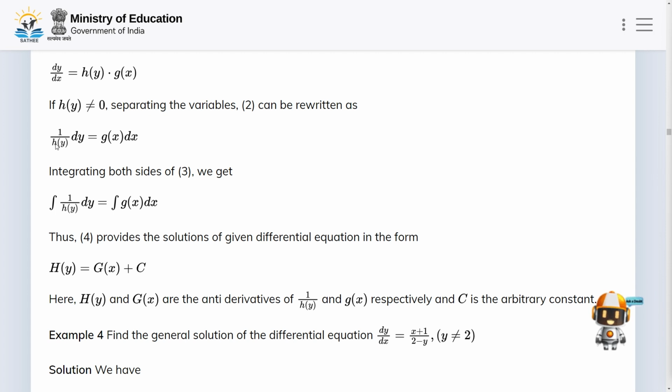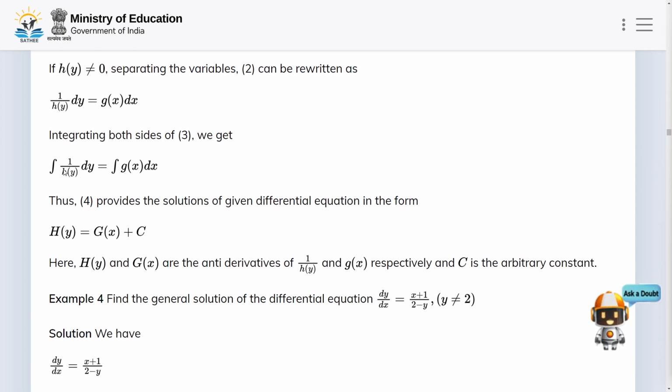And now integrate both sides. This expression is totally in terms of y, and you are integrating in terms of y also. So whatever answer you get for this, we are assuming it to be capital H(y), and for this we are assuming it to be capital G(x).